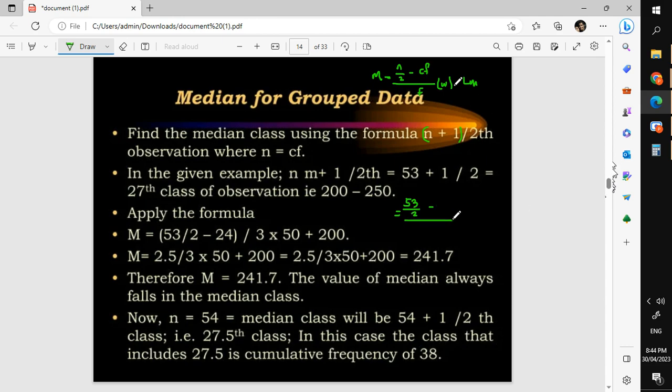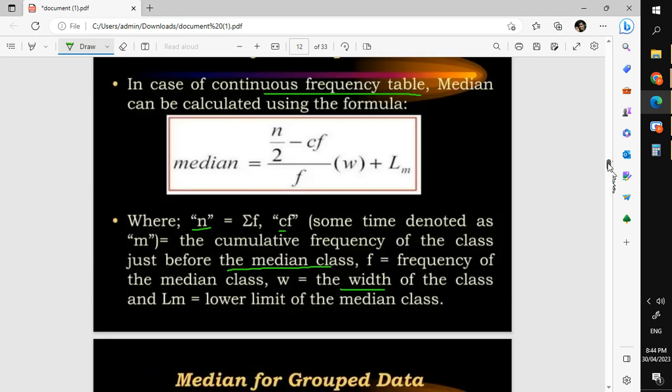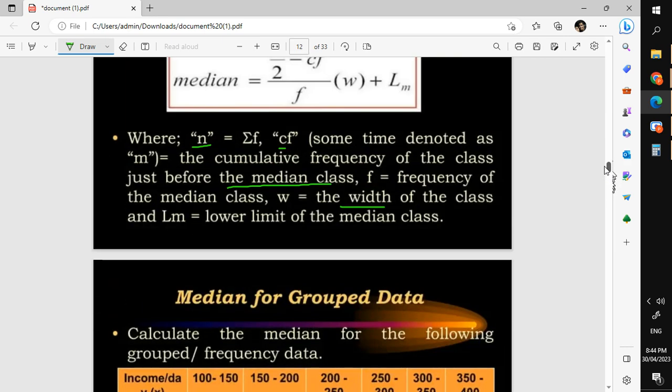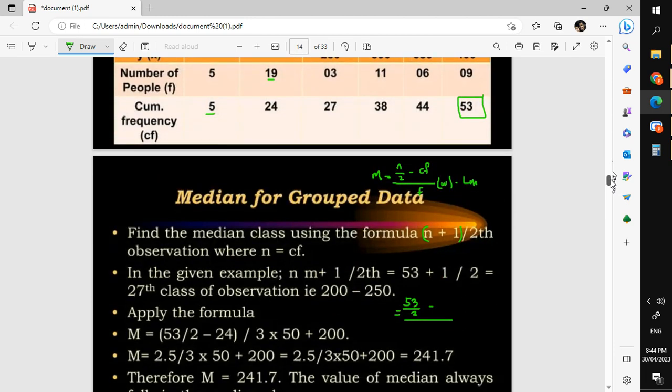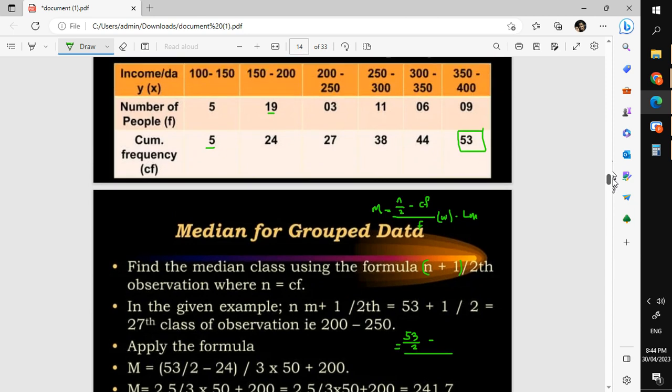Minus our CF, the cumulative frequency of the class just before the median class. So the median here is on the 27th observation.